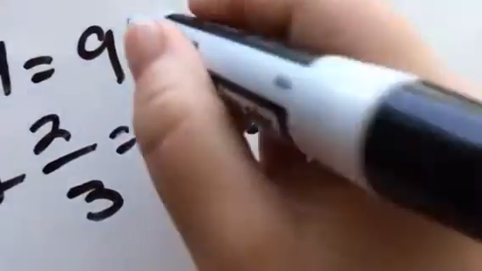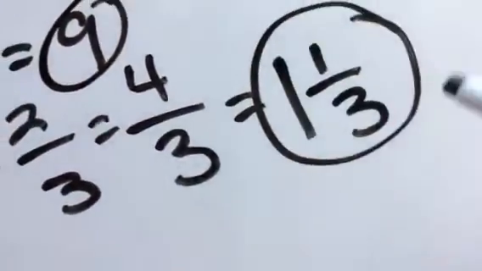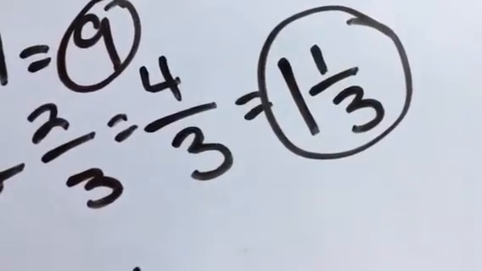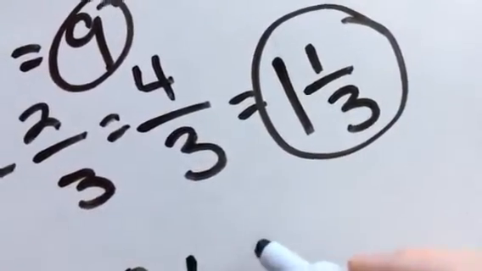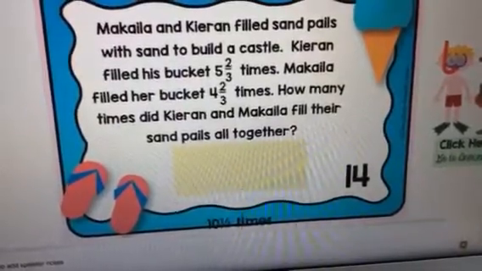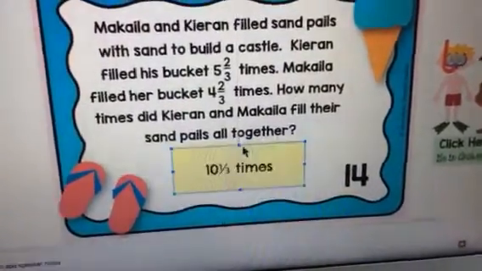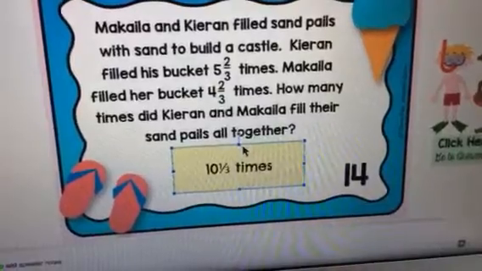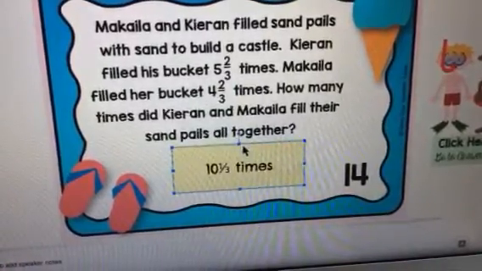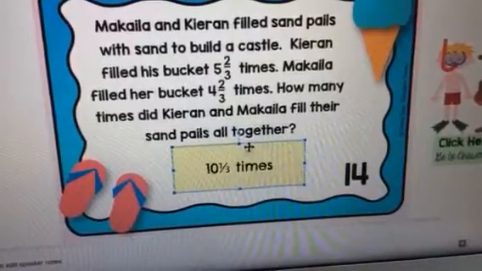So now we're going to add our 9 and our 1 1/3. So that gives us 10 1/3. So they filled their bucket 10 1/3 times. Or 10 times all the way full, and one time they filled it 1/3 of the way.